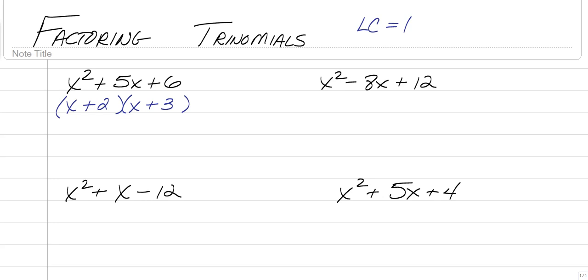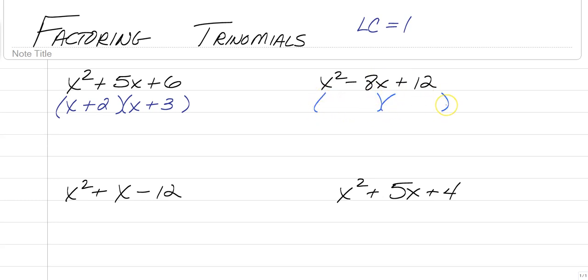And I'm sure if you're slick with a graphing calculator, you can use that to your advantage to help you find those numbers if you were having trouble thinking of them. Like this next one, for example. What are two numbers that will multiply to a positive 12 but add to a negative 8?